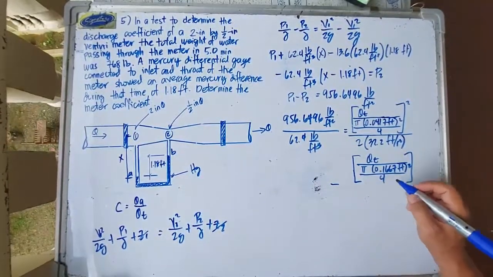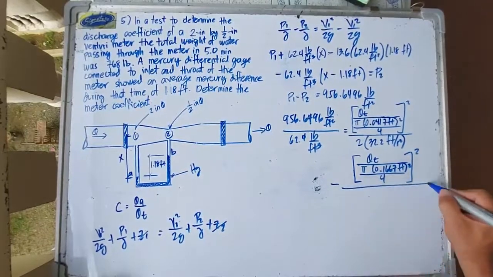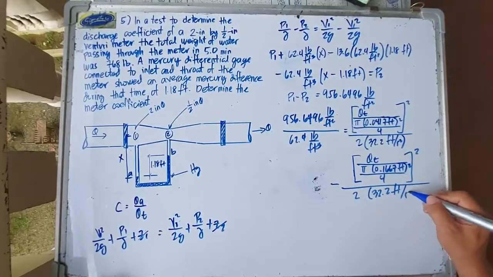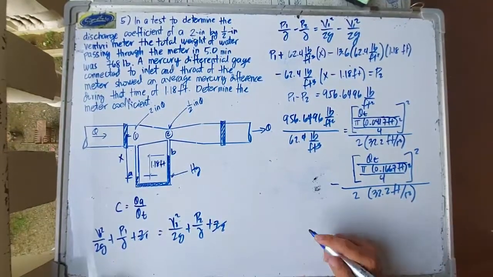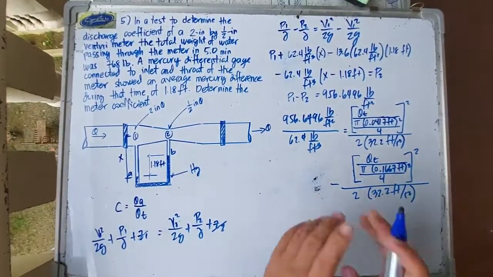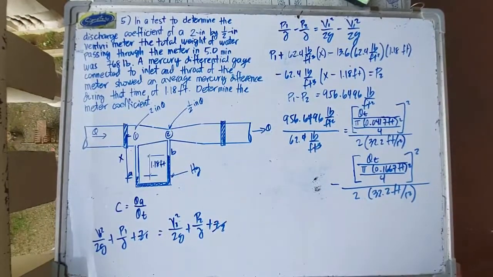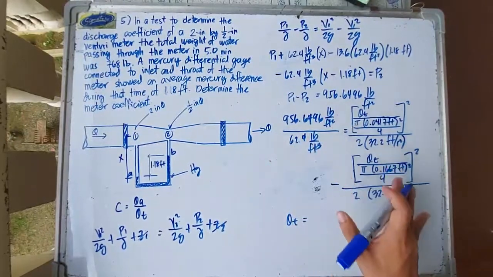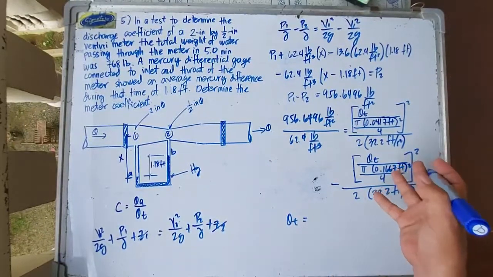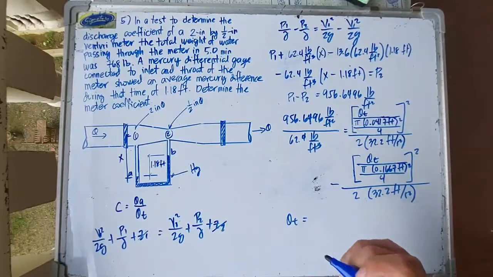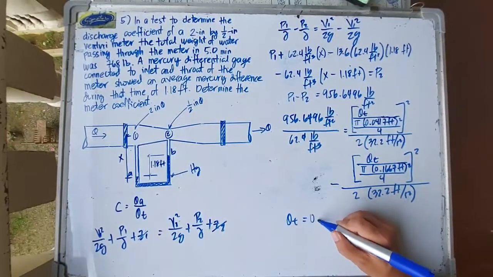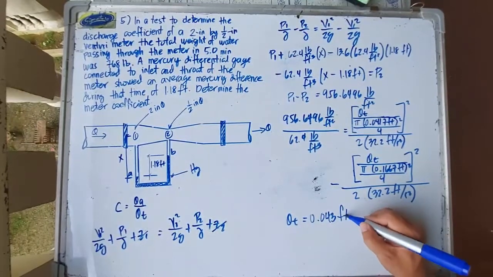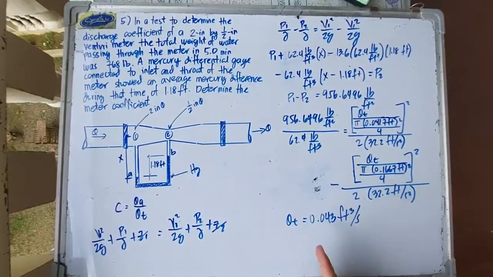So by 4 squared divided by 2g, that's 32.2 feet per second squared. So we have only one unknown in the equation, and that is the theoretical discharge. If you simplify and solve for QT here, that should be equal to 0.043 cubic feet per second. That's the theoretical discharge.